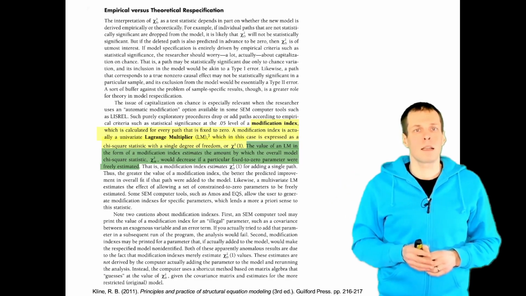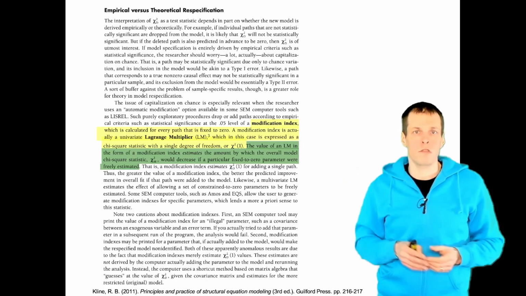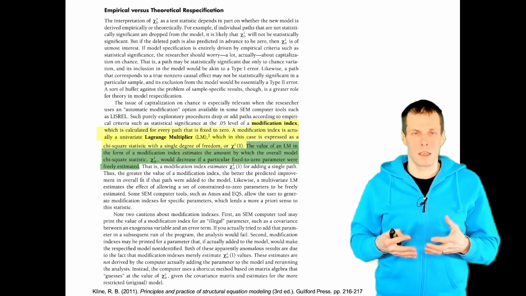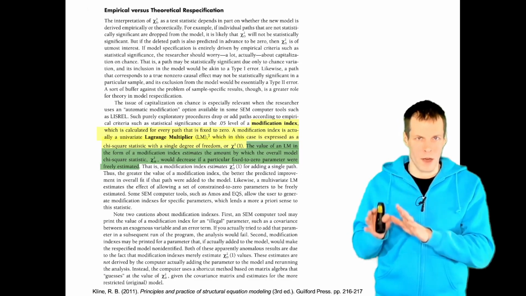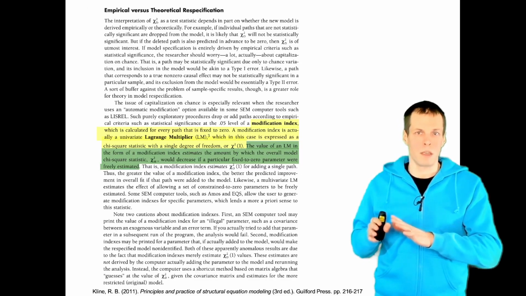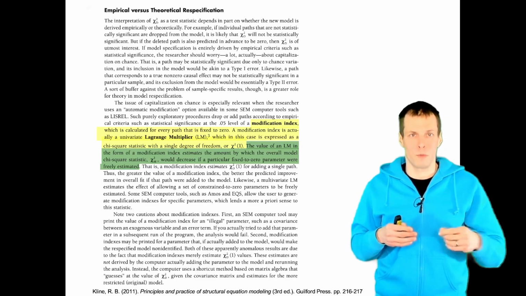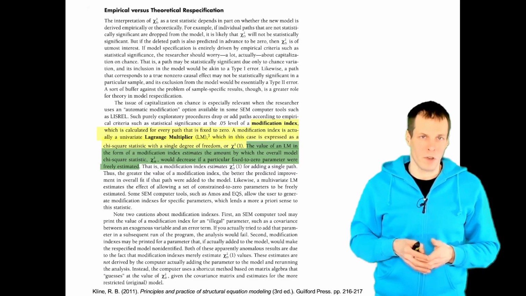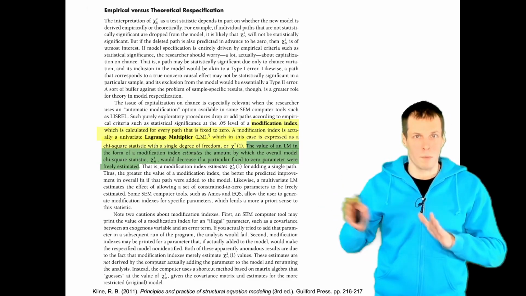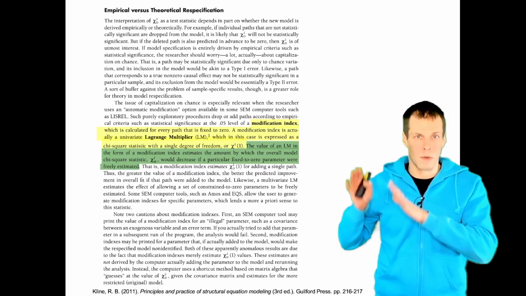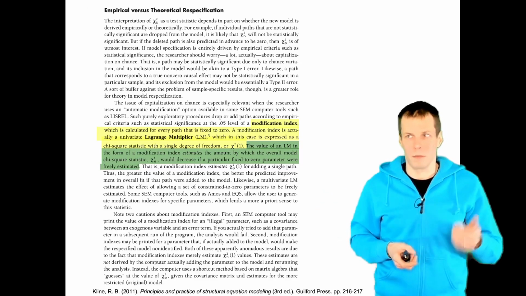Klein explains that this applies to these zero constraints, but modification indices can be applied also to other parameters that are constrained to be some other values than zero. For example, if you constrain a path to be 1, it can get a modification index if freeing that path and letting it be estimated to some other value would improve the model fit.